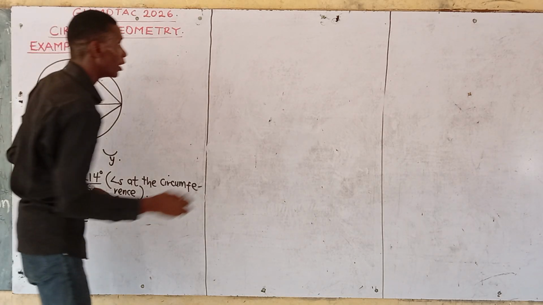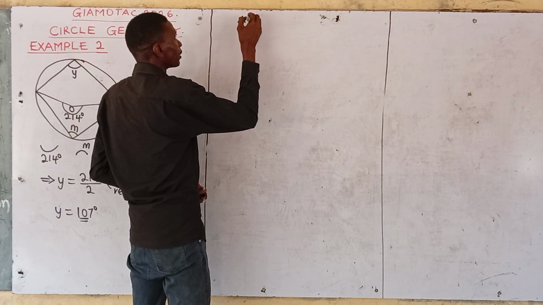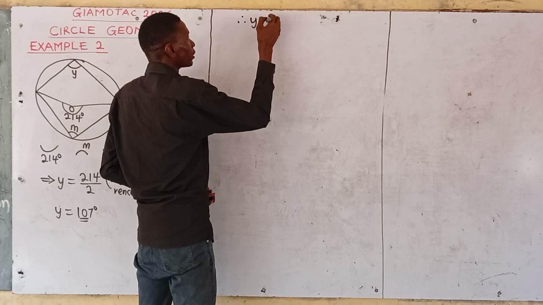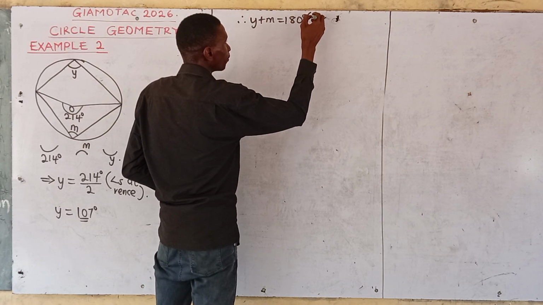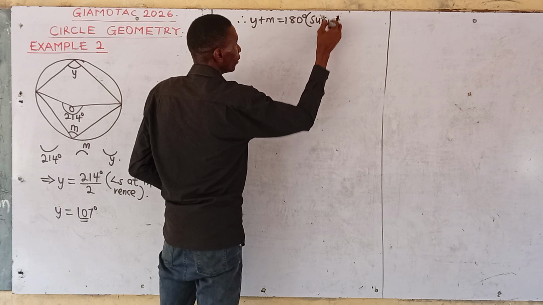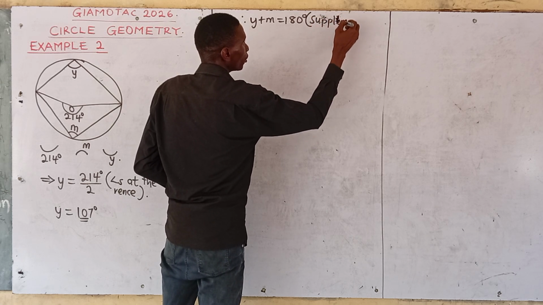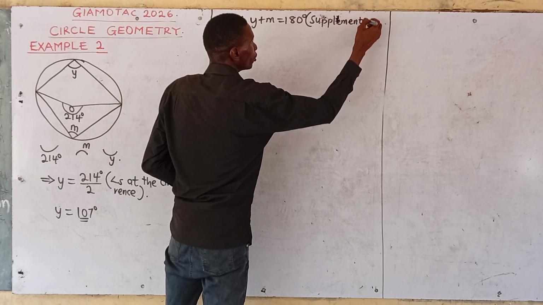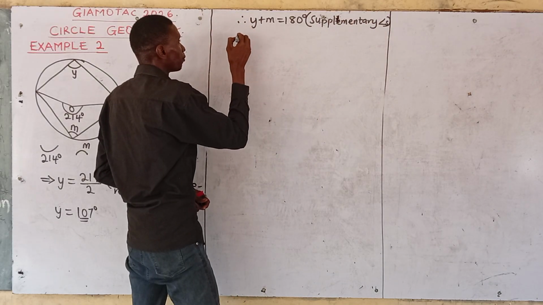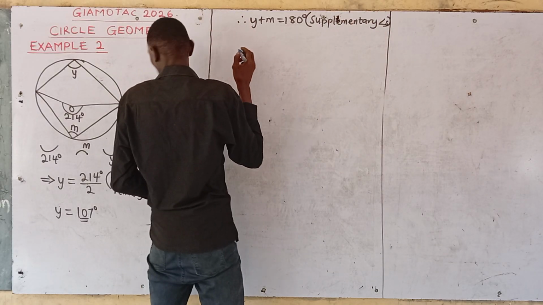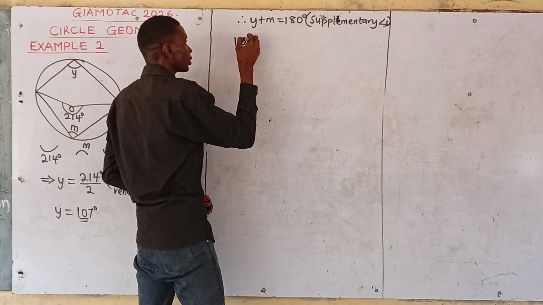That is theorem 5. Now let's go. This implies that y plus m is equal to 180 degrees. What is my reason? Supplementary angles.